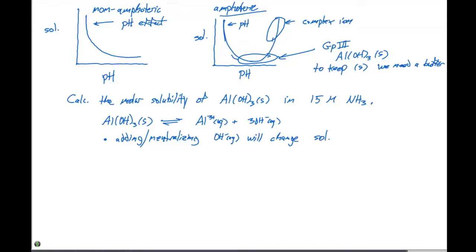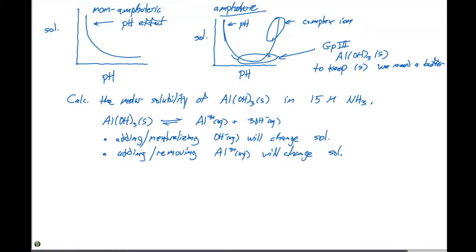We also need to keep in mind that adding or removing the Al3+ will change the solubility. So there are definitely two things that we can do in this particular case.